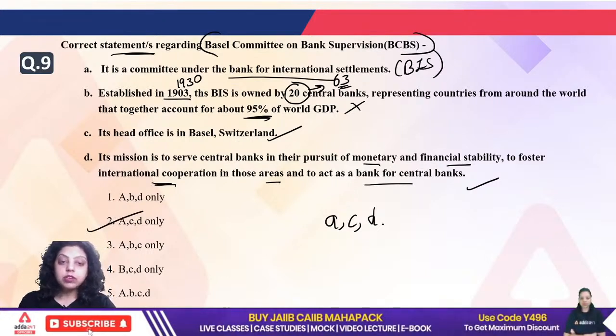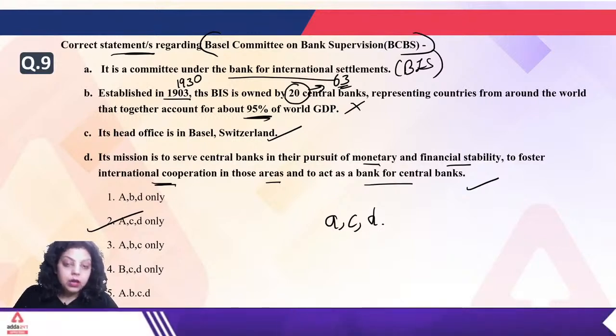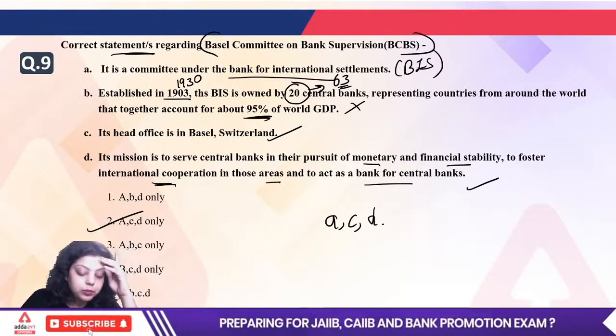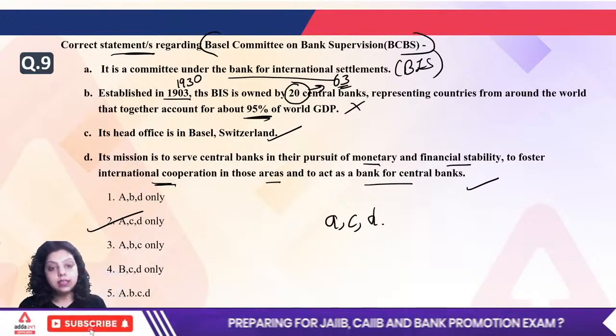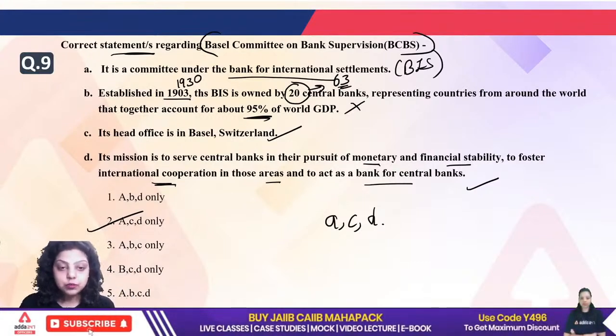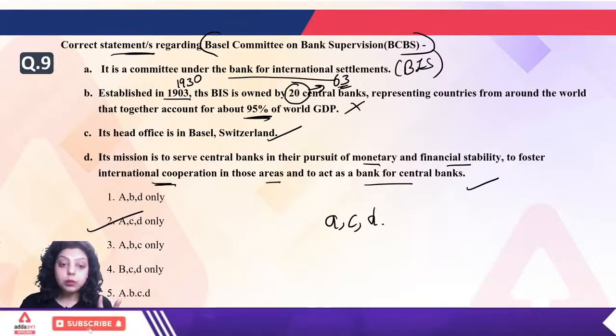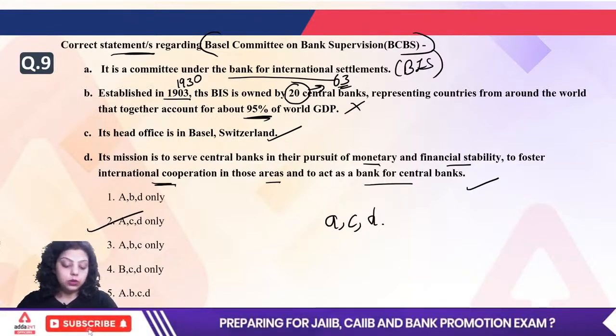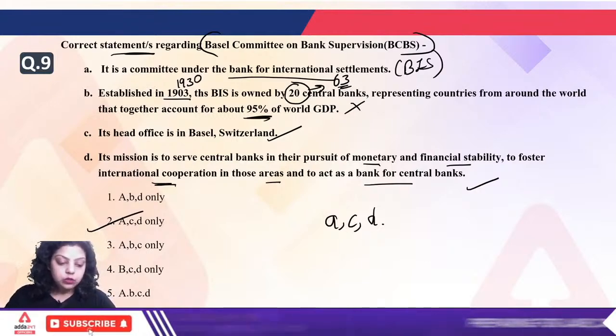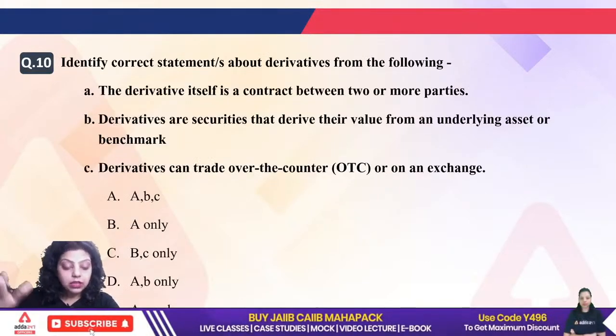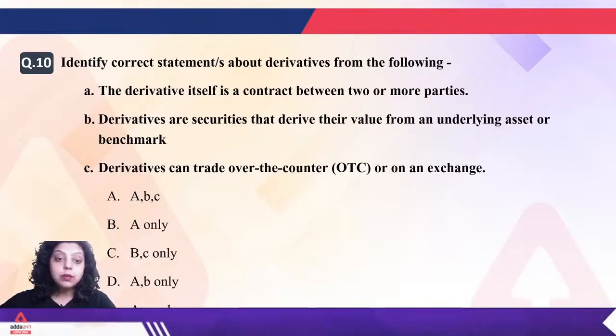That is A, C and D, because the second statement is wrong: BIS was established in 1930 and 63 central banks are its members right now. Clear? So BIS acts as a bank for the central banks of different nations.